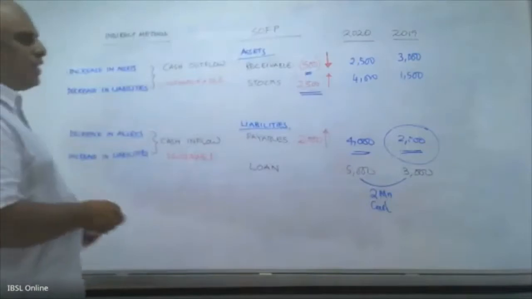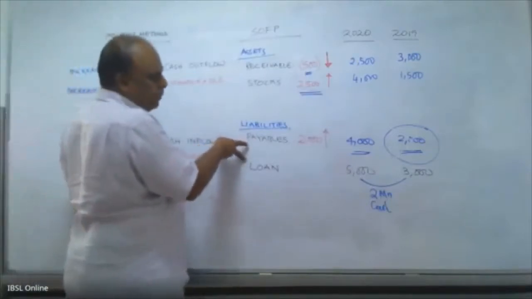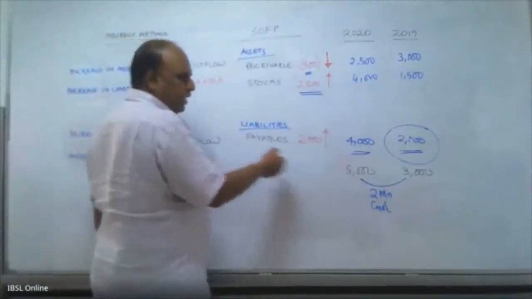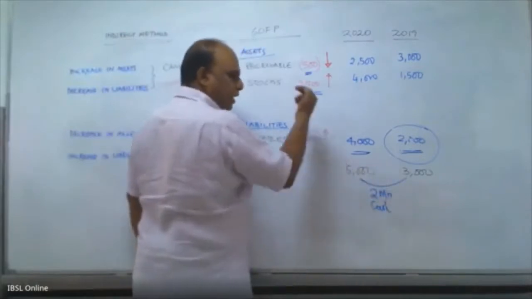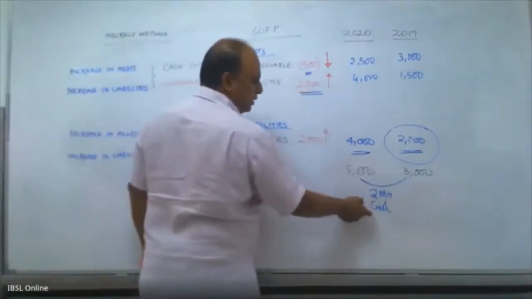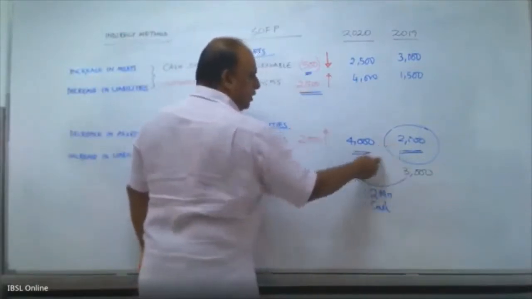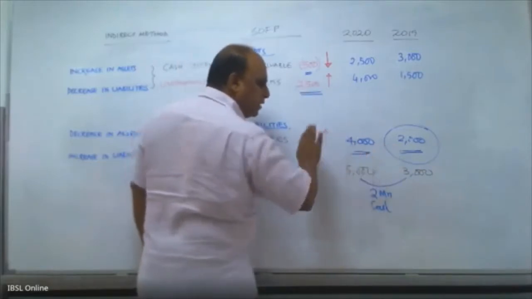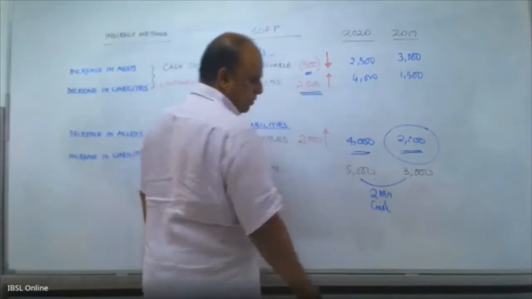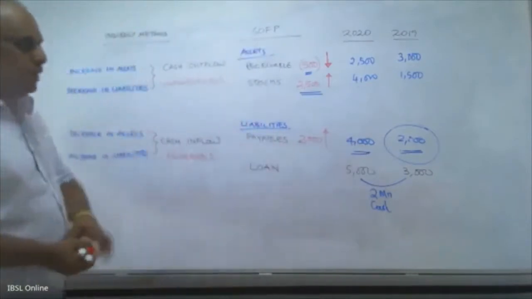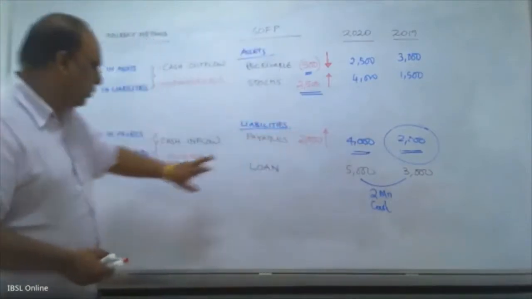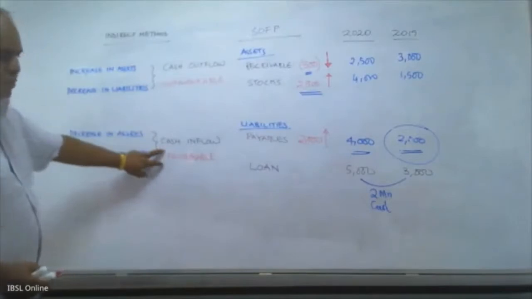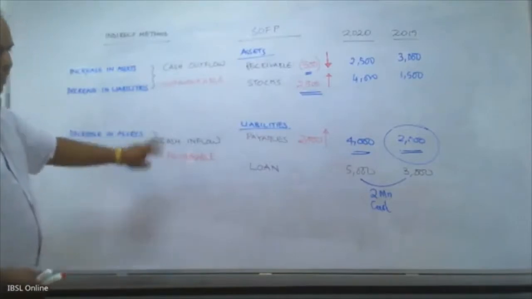So these two are slightly different. The interpretations are different. Here, the liability is going up and you are getting cash. Here, the liability is going up, but you are not paying cash, deferring cash payment. But both these scenarios are favorable to the company.